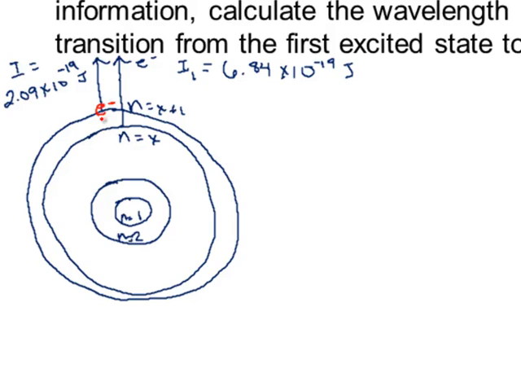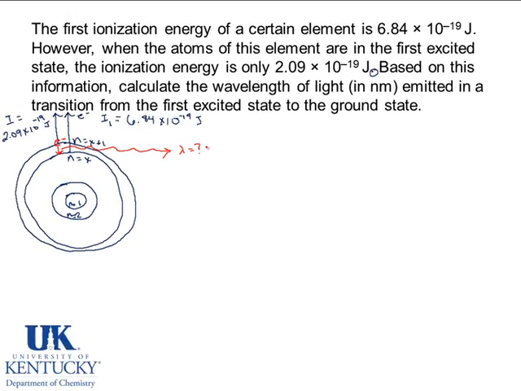And we're going to take an electron from here, and we're going to let it relax to its ground state. So it's going to go to here. Anytime an electron loses energy like that, it is going to emit a photon. So there's a photon being emitted, and we want to know the wavelength of this photon that is emitted. So that's a picture of what's going on, the information that's given to us, and what we're trying to determine.